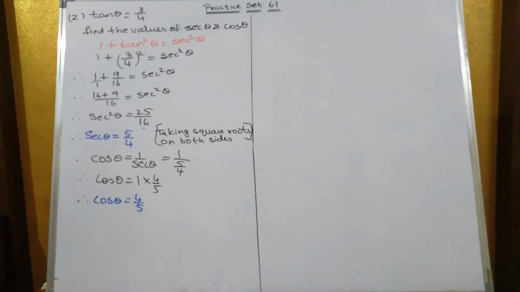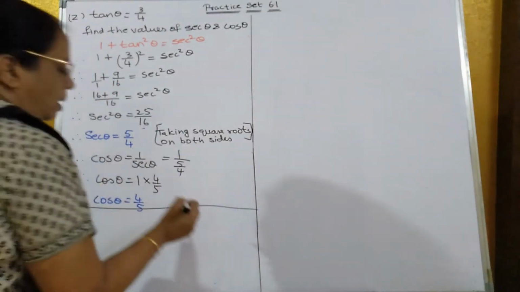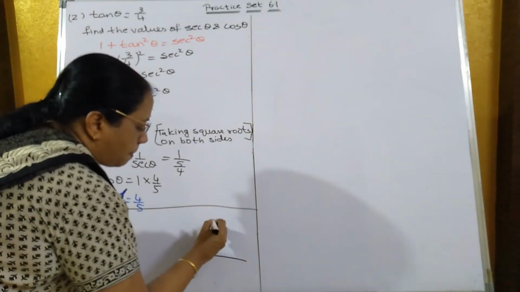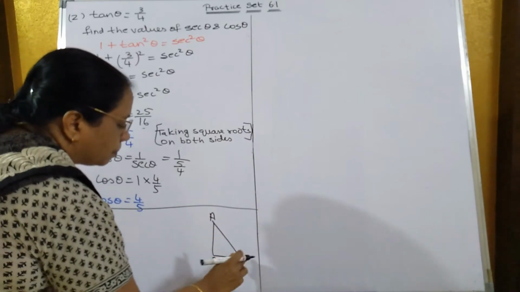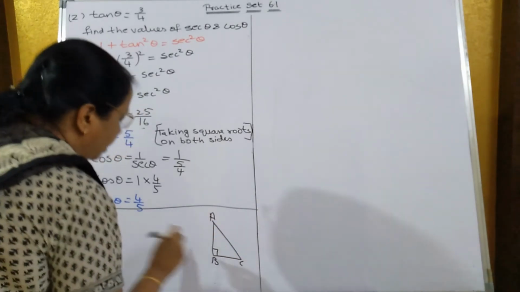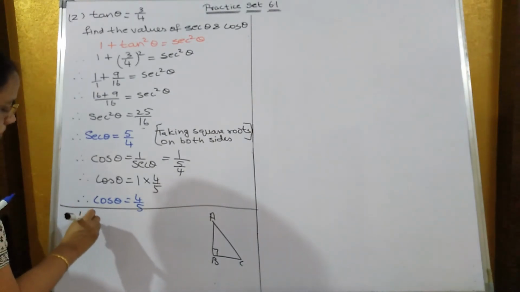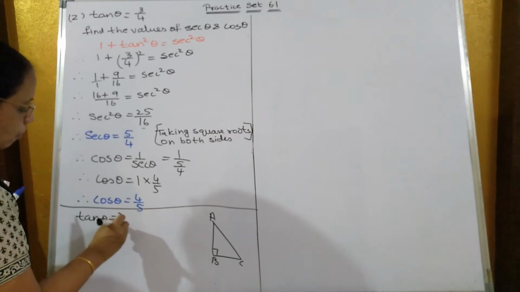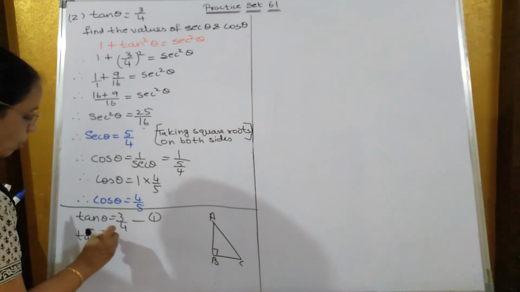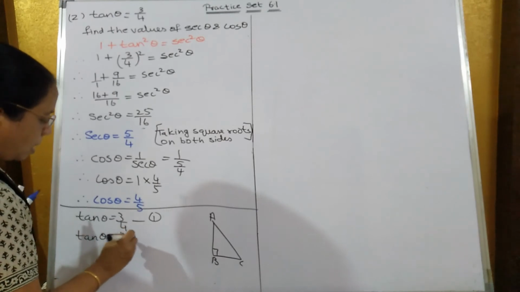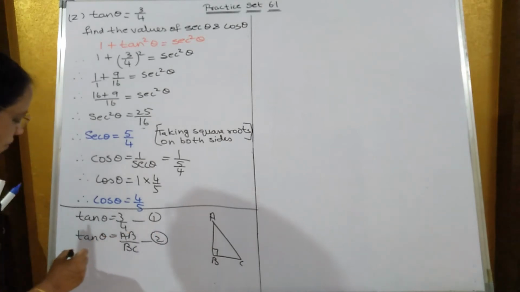Now by the second method, in right angle triangle, angle B is 90 degrees and they have given tan theta is equal to 3 upon 4. Let this be 1, and we know that tan theta is equal to opposite side, that is AB, upon adjacent side, that is BC. Let this be 2. So from 1 and 2 what we get?